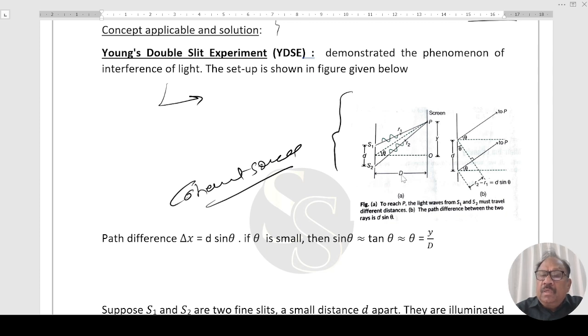The capital D is the distance between the sources and the screen, and the y is the position of maxima or minima. Right? Path difference means one wave is at this point P, and another wave is at this point P. The distance between these two is the path difference. That is equal to yd by D.